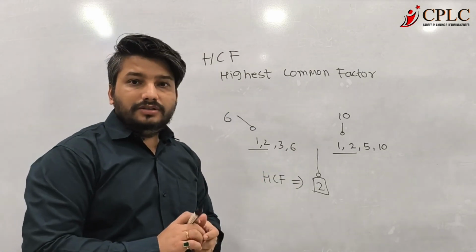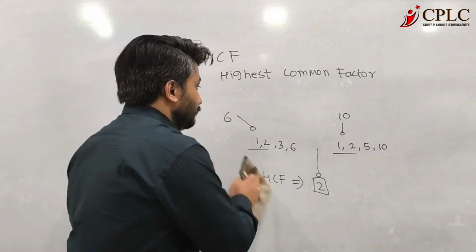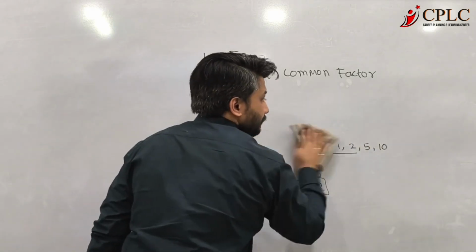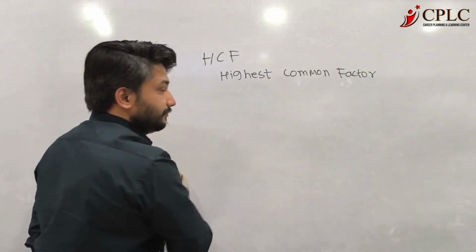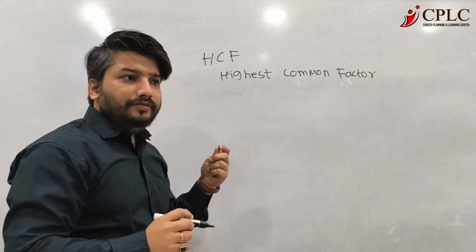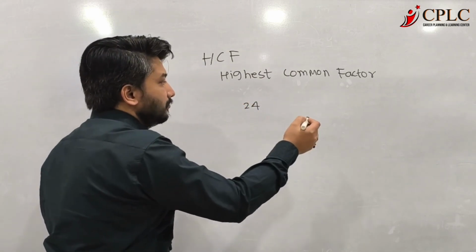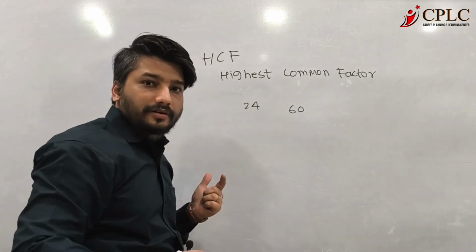Now what we can do is we can take some other examples also to solve. So let's find out HCF of, let's say randomly I will pick, 24 and 60 for example.